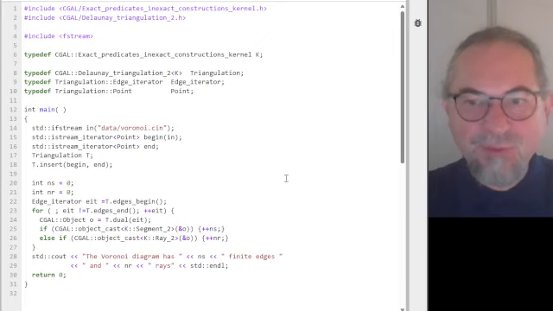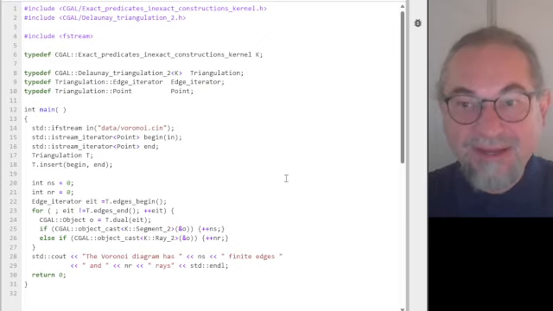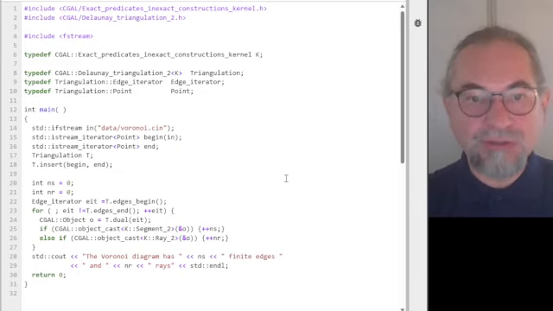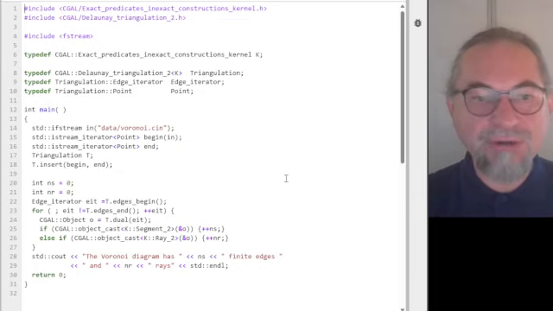But we will be relying very heavily on duality. Duality was introduced in the last lecture. I will try to make it self-contained. But here you see the source code. You see that indeed we are making a Delaunay triangulation.